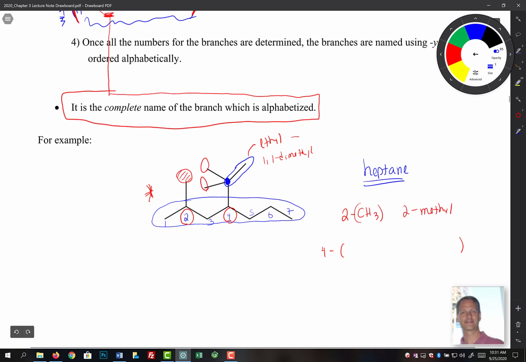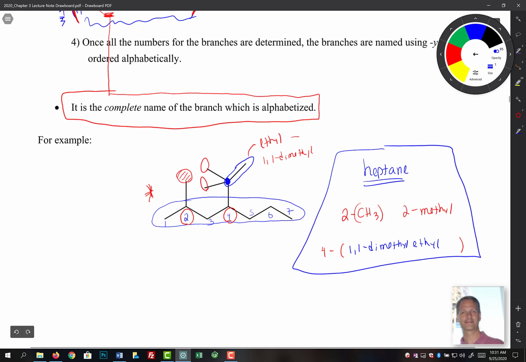So 4-(1,1-dimethyl)ethyl, and then we throw heptane in here. Now we have to put these in alphabetical order.